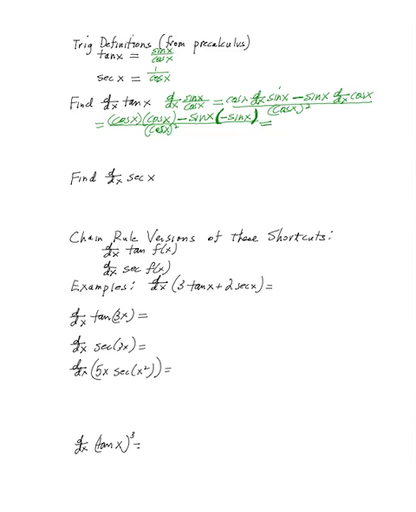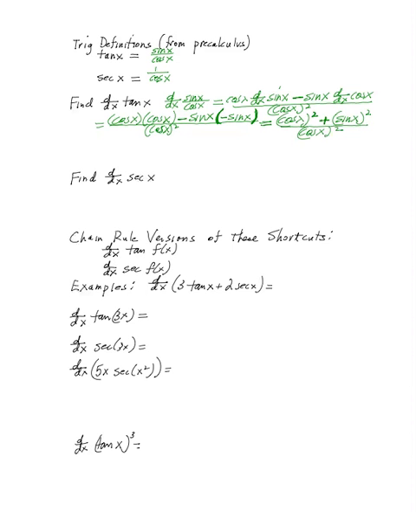Okay, this equals cosine x times cosine x is cosine x quantity squared. A negative times a negative is a positive, so this becomes plus sine x quantity squared, all divided by cosine x quantity squared. Now, hopefully you remember a trig identity from pre-calculus.